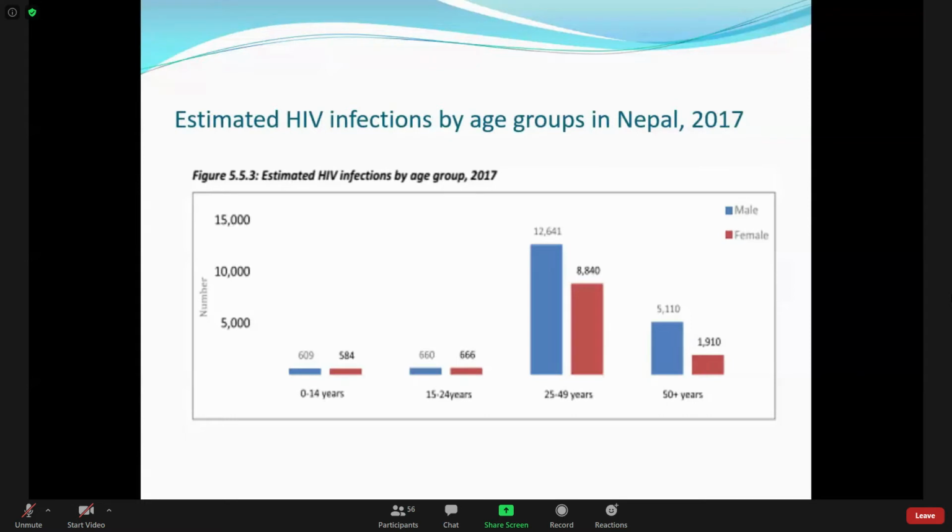Similarly, 50 plus, 5,110 male, but 1,910 female. So this is age group and sex. It is higher among males and higher among the 25 to 49 years age group.